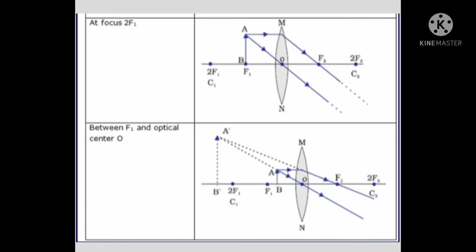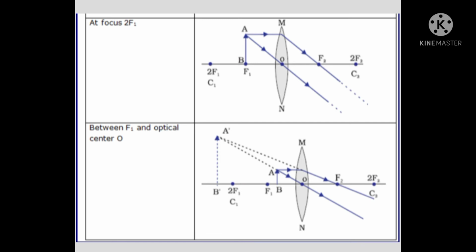So we can say that a real, inverted and very enlarged image is formed at infinity, at the meeting place of these two refracted rays.